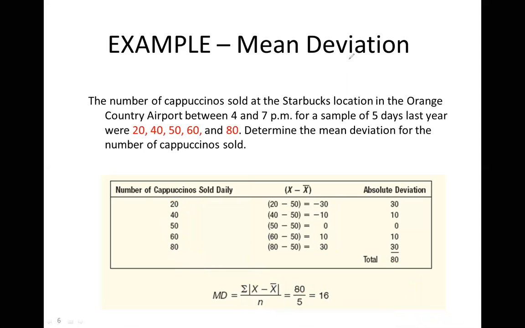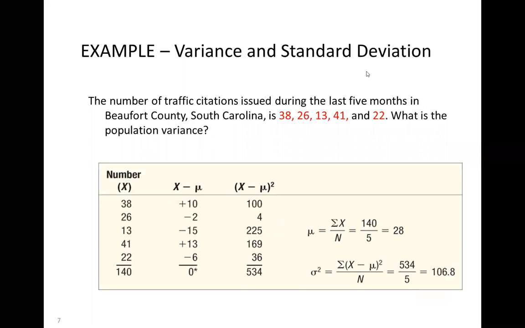Now we can continue with how to calculate the variance. If you have this data, that's another example that you have for the citations. We have 5 values, and we need to calculate the variance using a formula. The formula for the variance is sigma of (x minus mu) all squared, divided by n.